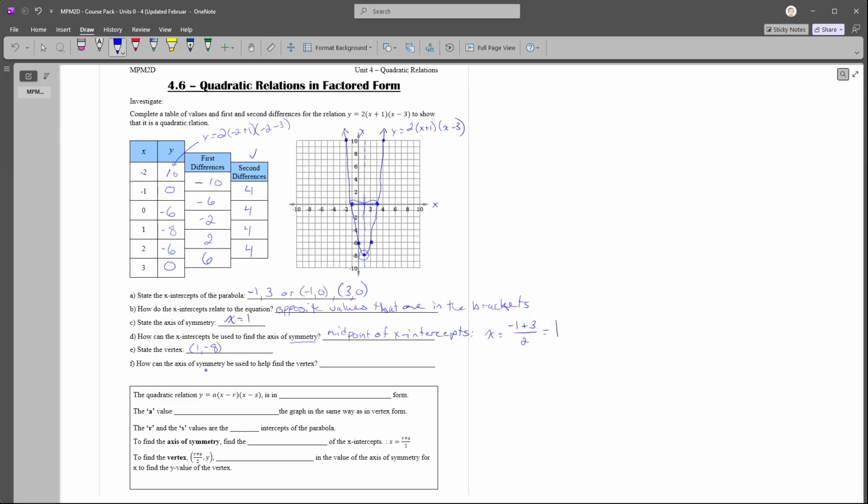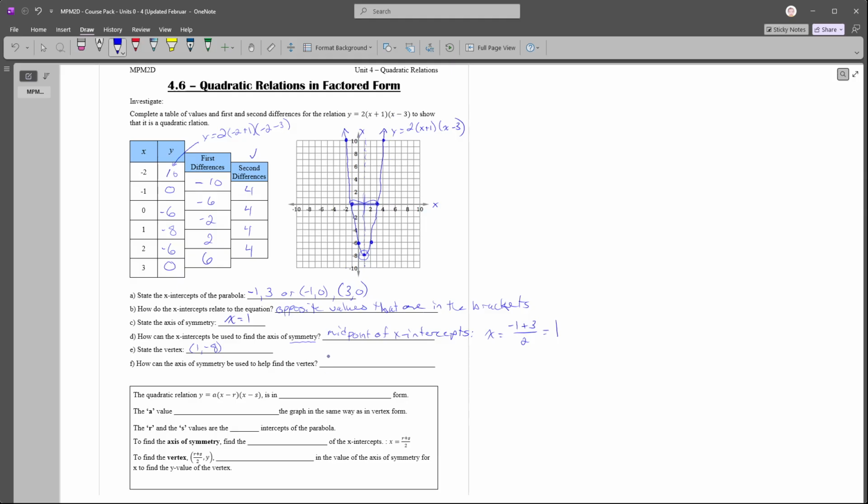How can the axis of symmetry, x is equal to 1, be used to help find the vertex? Well, if we substitute x is equal to 1 into the original equation, we're going to calculate what the y value for x of 1 actually is. This tells us that we can get the y value of the vertex.